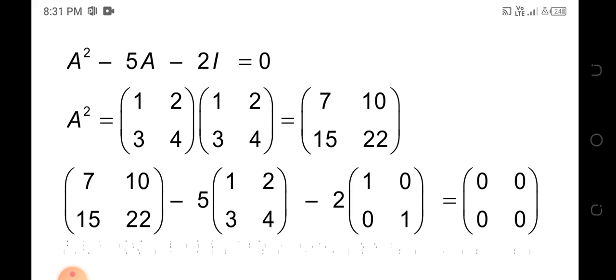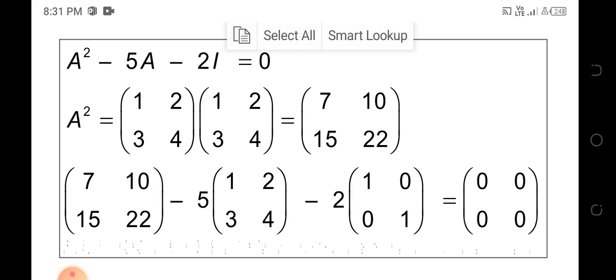Second, take the first row and also the second column of the second matrix and write that value. Then take the second row of the first matrix and first column of the second matrix, multiply and write, and similarly the second row and second column, and write the answer. So this is the A square value.